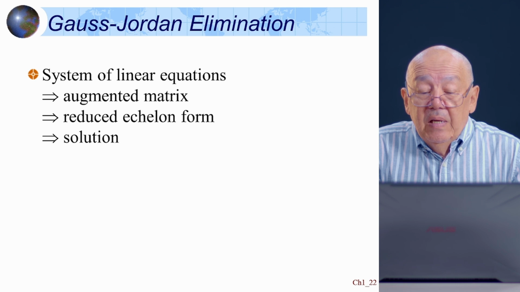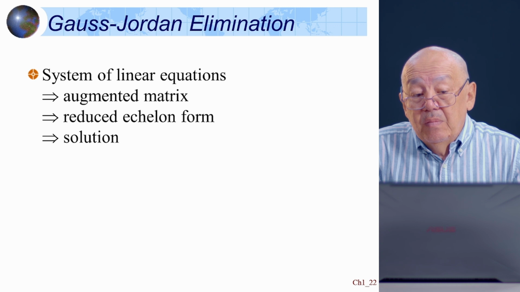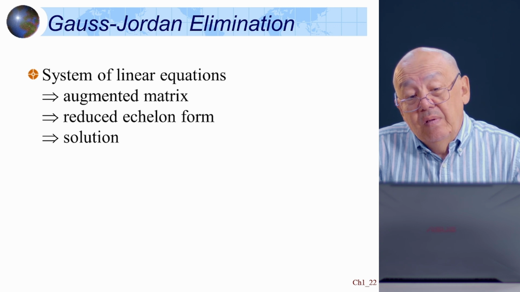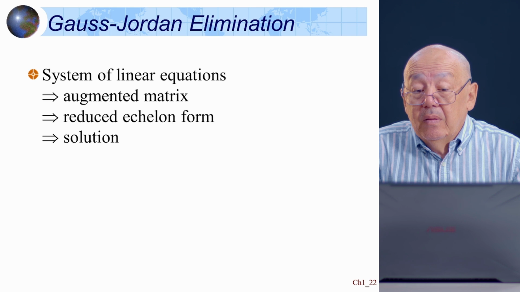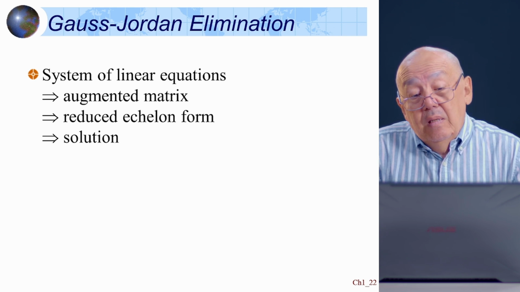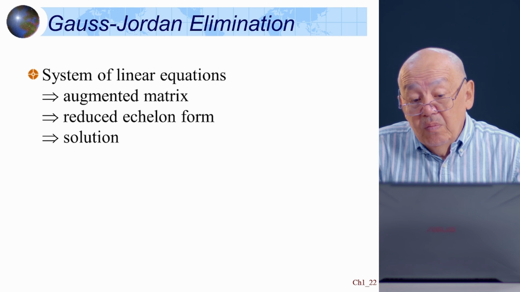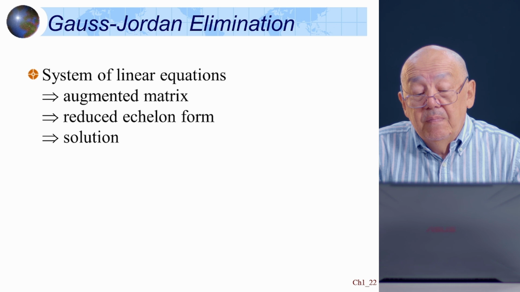A brief explanation of the Gauss-Jordan elimination method: given a system of linear equations, you write its augmented matrix and apply admissible row operations to get its reduced echelon form, and then write the solution.